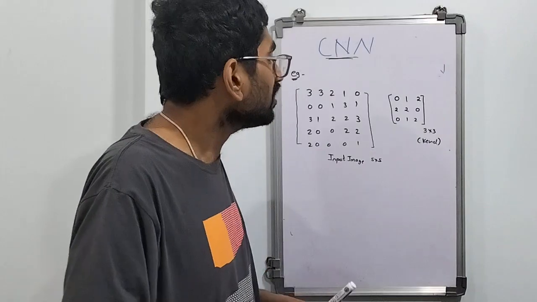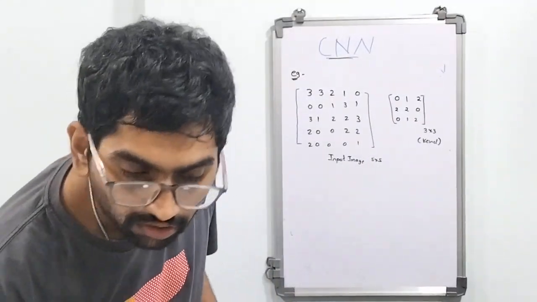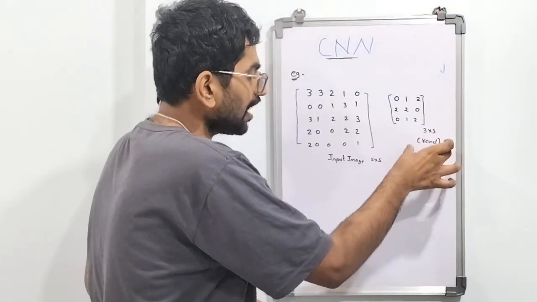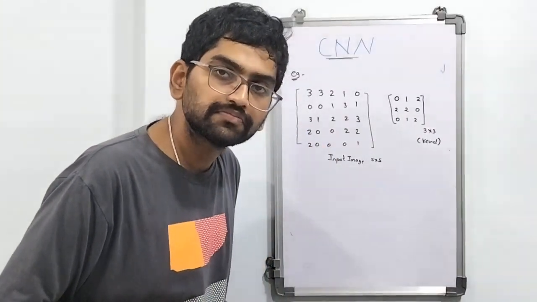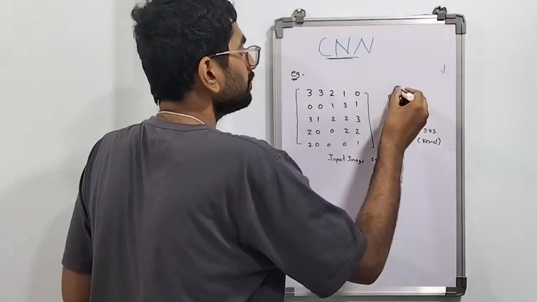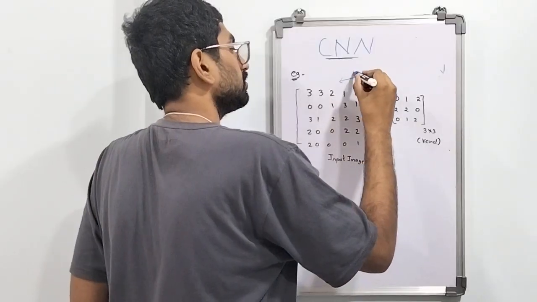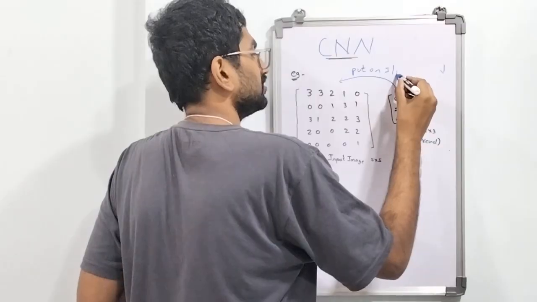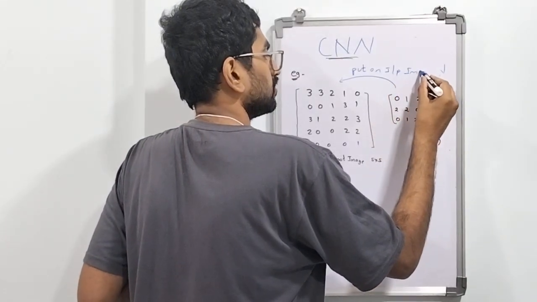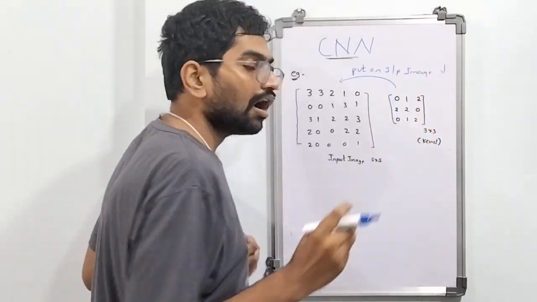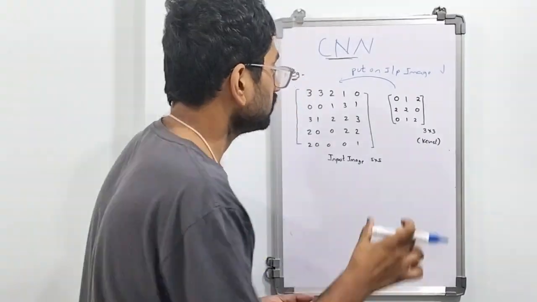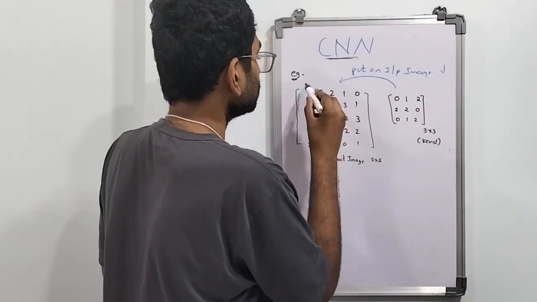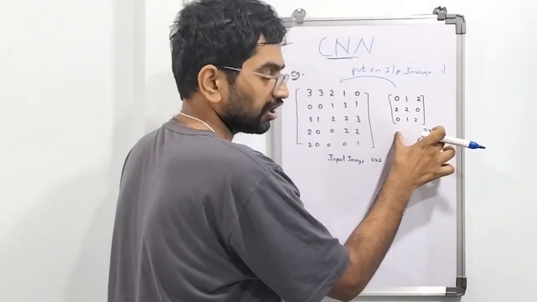Now what will this kernel do? We have to put this kernel on the input image. How do you put it on the input image? Here the kernel is 3 cross 3, right?